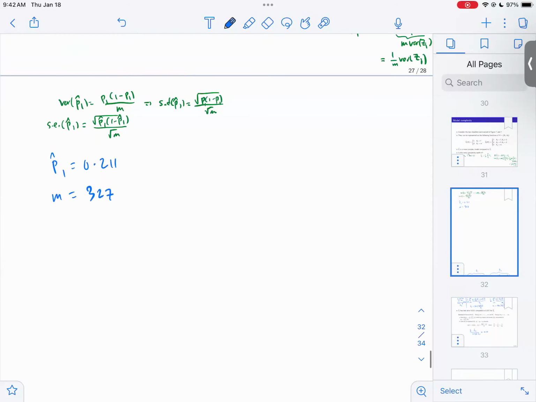So I can calculate, for example, the standard error. You guys can calculate it too. It's root of 0.211 times 1 minus 0.211, divided by root 327. Anyone can calculate this with a calculator.